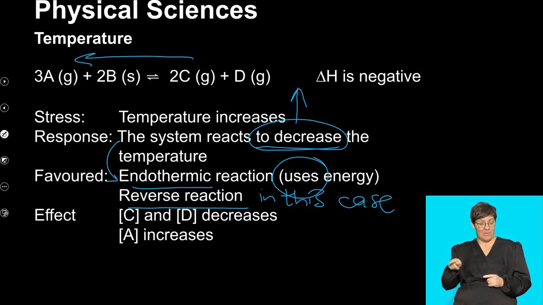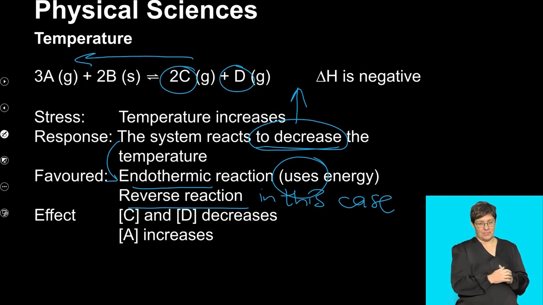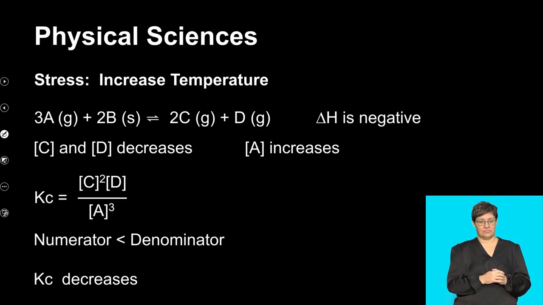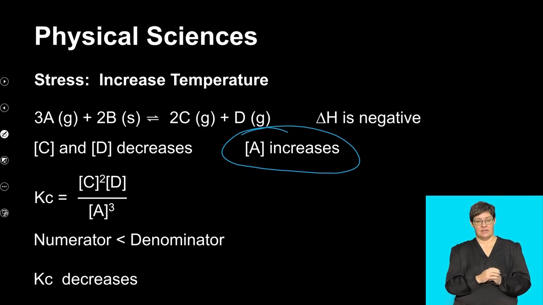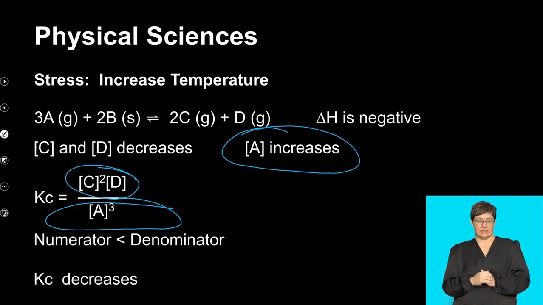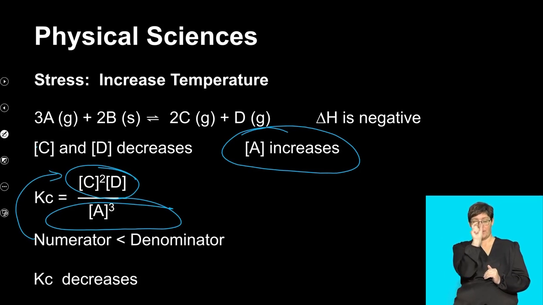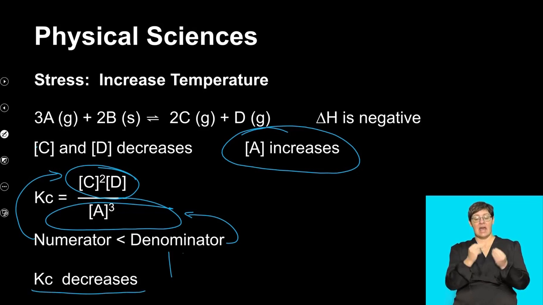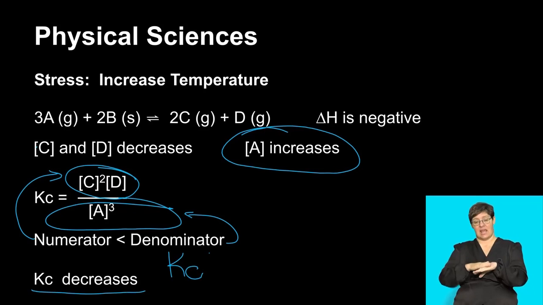If we favor the reverse reaction, it means that we will use C and D, and it will make more of A. Now, if we look at the increase of A and the decrease of C and D, and we substitute that into Kc, we see our numerator is smaller than our denominator, meaning that Kc will have a value smaller than 1.